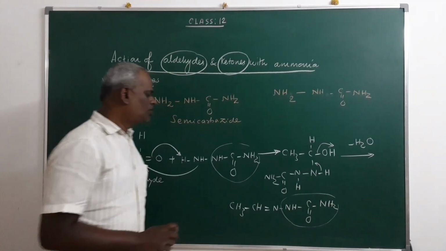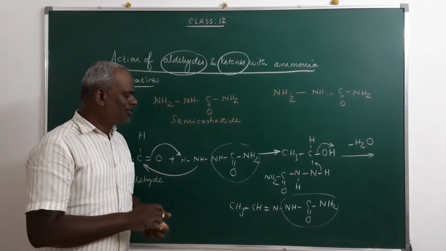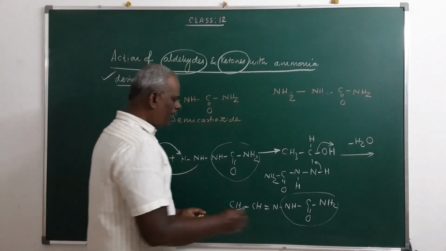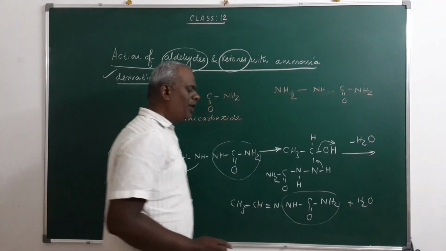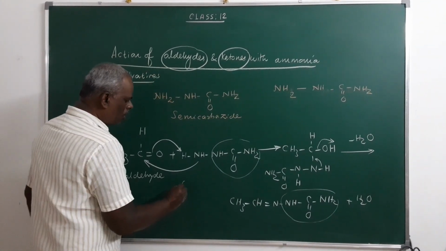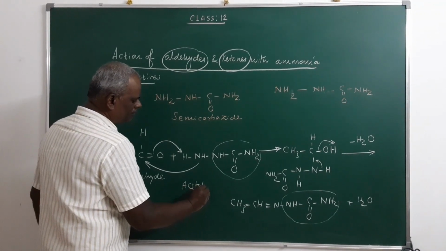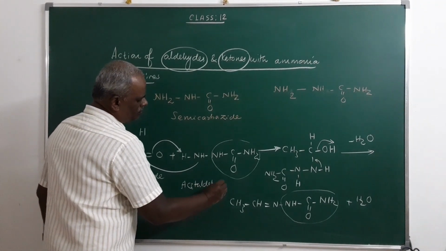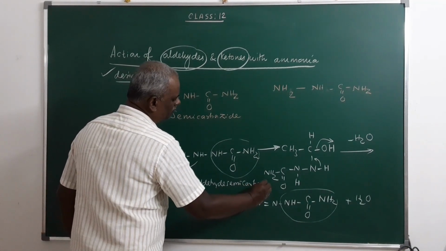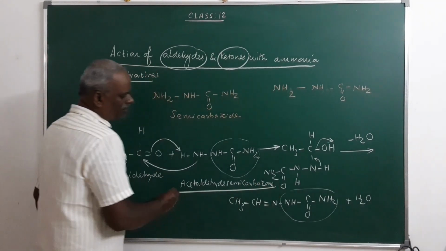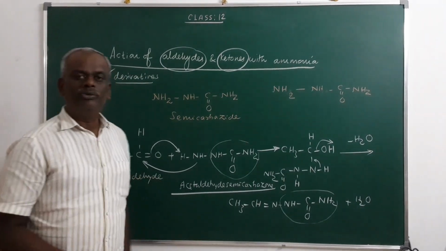The urea part of that semicarbazide is kept as such. And the product is now obtained. The byproduct is H2O, but the compound's name is acetaldehyde semicarbazone. The semicarbazide is now converted into semicarbazone.